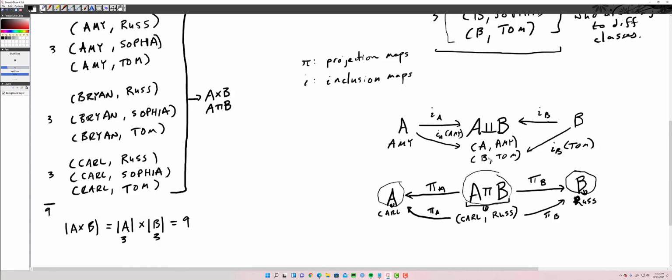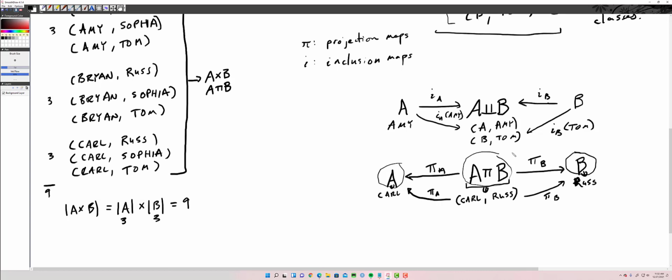And notice that here I have one object going to both A and B. And here I've got something from A and something from B, and they're not really the same. I have a copy of Amy coming from A, and a copy of Tom coming from B. And both of these are represented in this abstraction of a coproduct, which is really just a roster of the students.